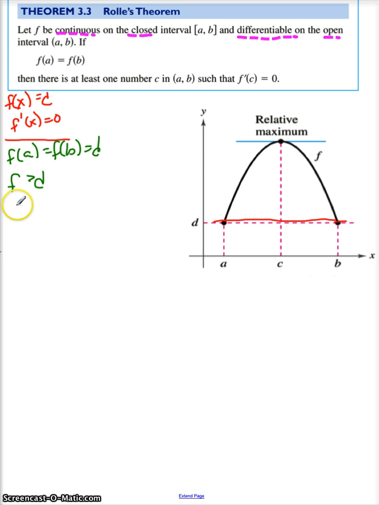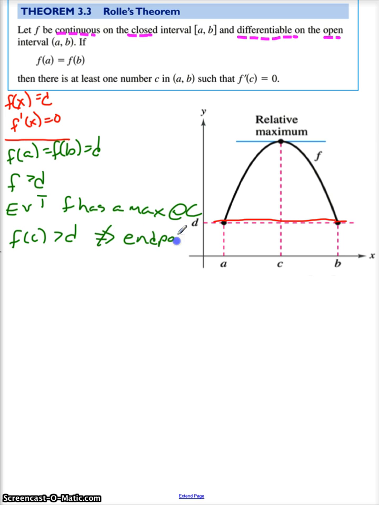Now, by the extreme value theorem, you remember, we know that f has a maximum at c in this interval. And since f(c) is greater than d, we know that it does not occur at an endpoint, because we don't have that equal sign.